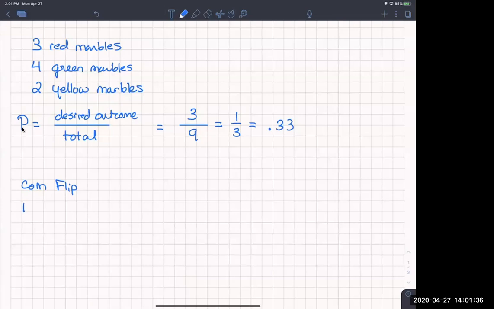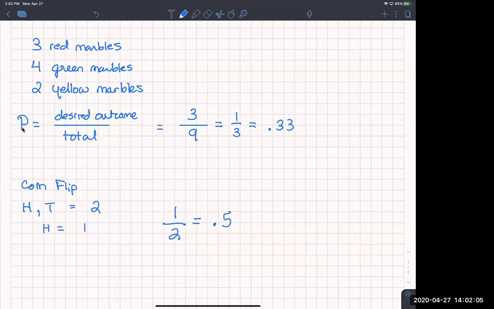Well, a coin flip has heads and tails, okay? And so there's 2 total possibilities, and you want heads, which is 1. So desired outcome over total, which is 0.5, or 50%, right?